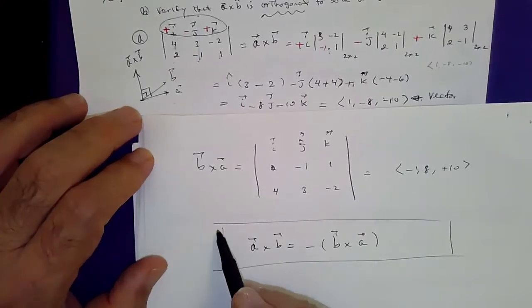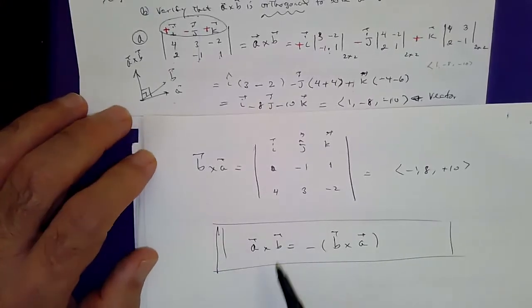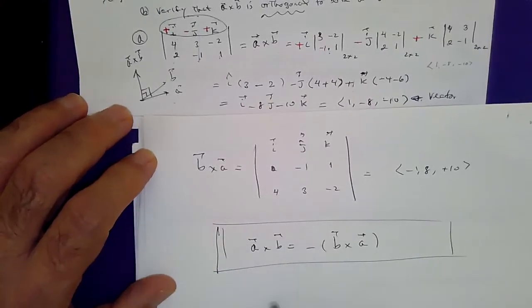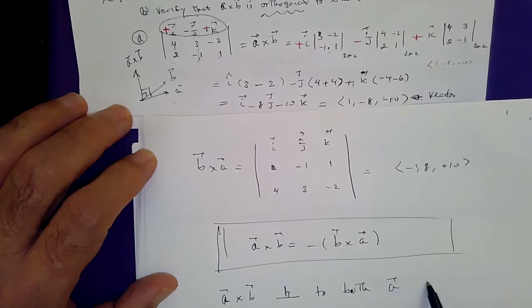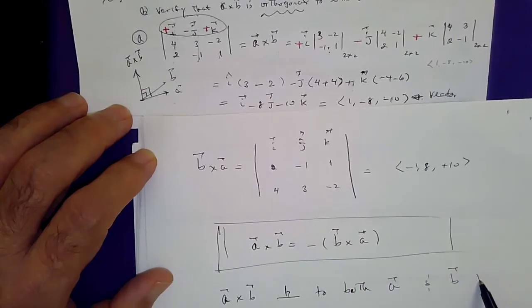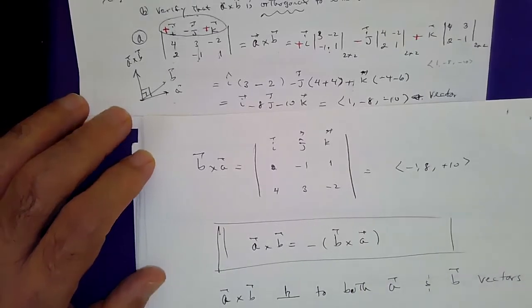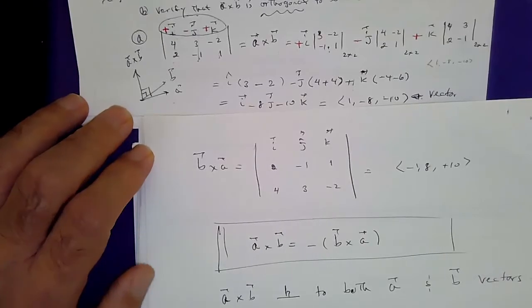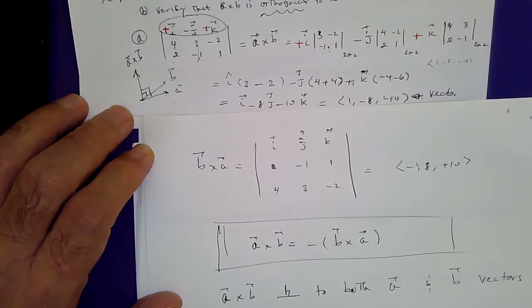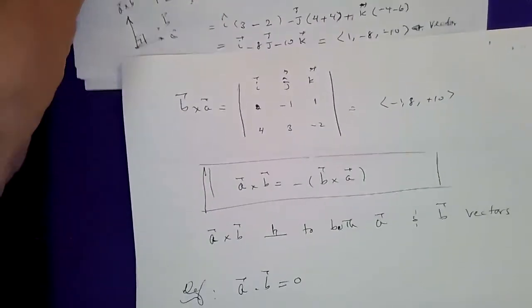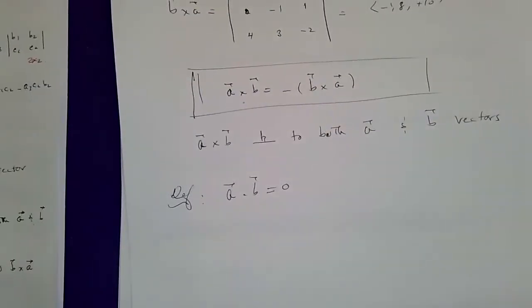So what is the geometric significance of A cross B? Well, remember, A cross B is perpendicular to both A and B vectors. So how do you know that? Well, remember the definition of perpendicularity. Two vectors are said to be perpendicular if their dot product is 0.